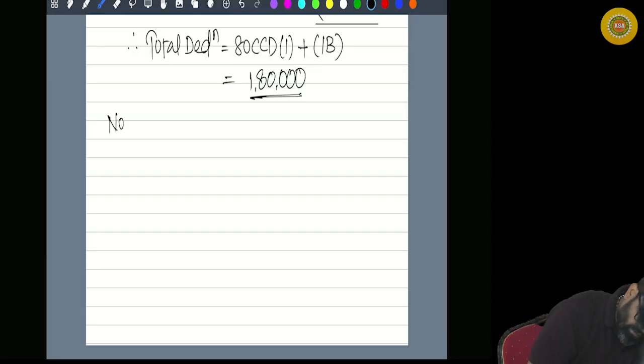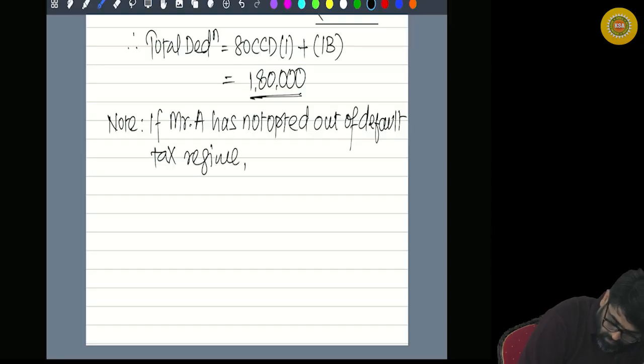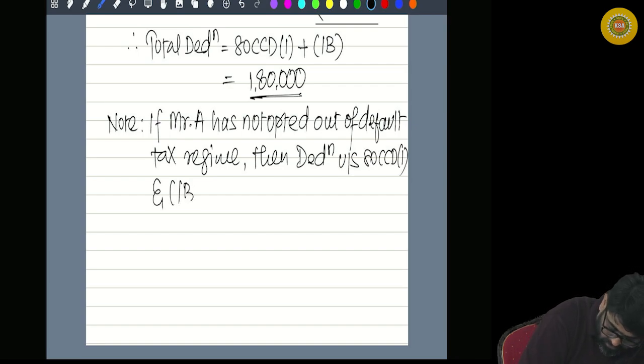If Mr. A has not opted out of default tax regime, then deductions under section 80CCD1 and 1B shall not be available.